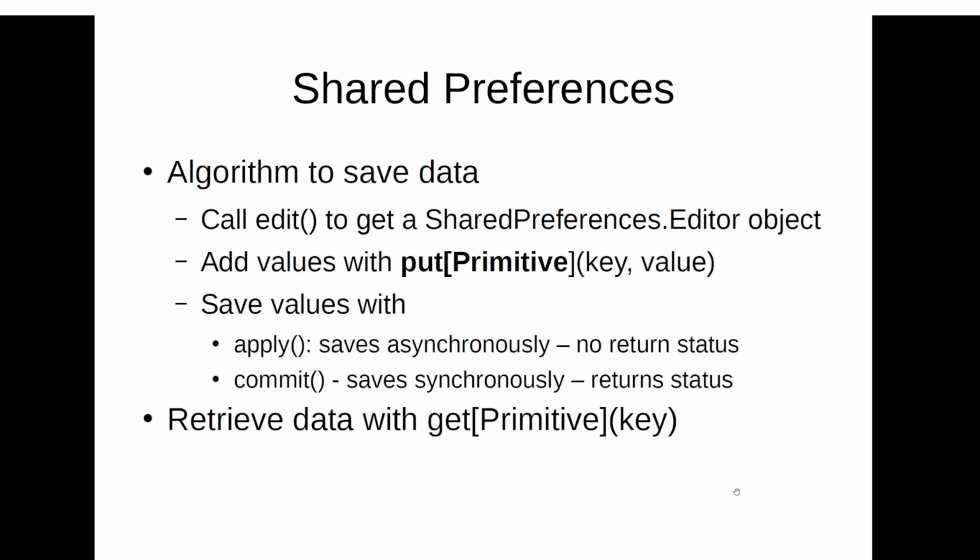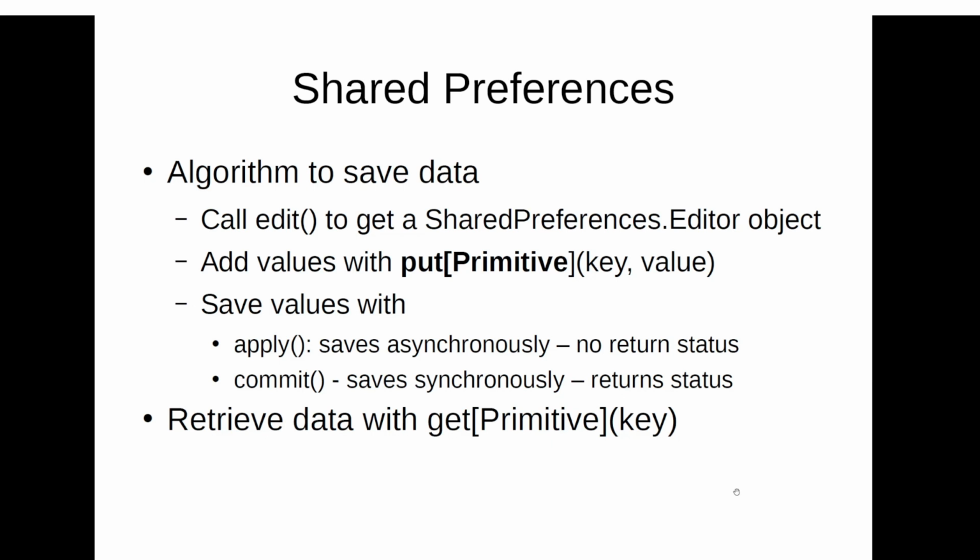Once you have made all your put function calls, you can either call apply or commit, where apply will do an asynchronous save, which is the preferred approach, whereas commit will do a blocking save. Your application will pause until the save is completed, at which point commit will return a result indicating success or failure. Apply does not return anything as it's an asynchronous call.